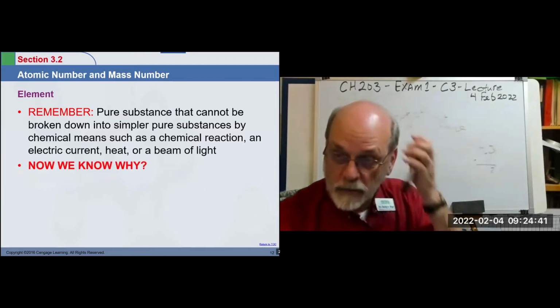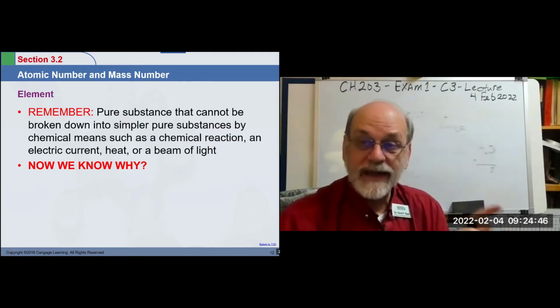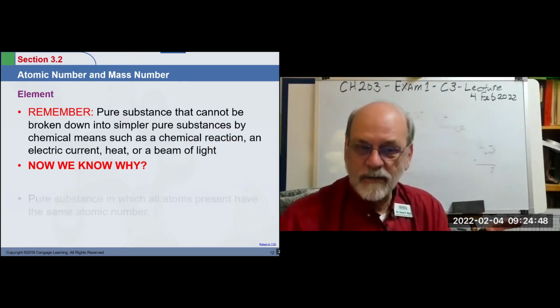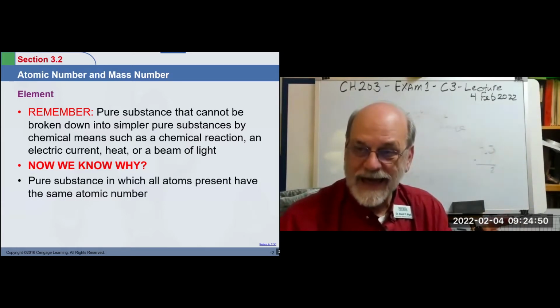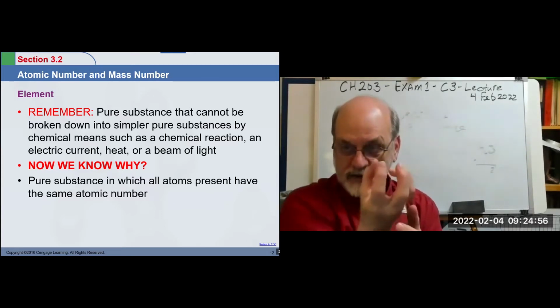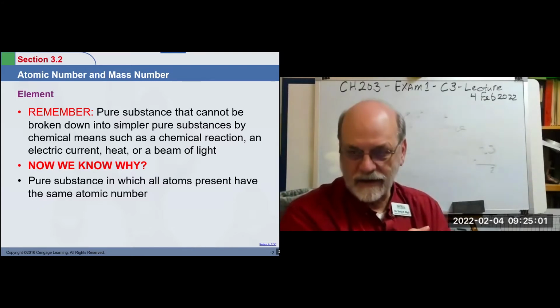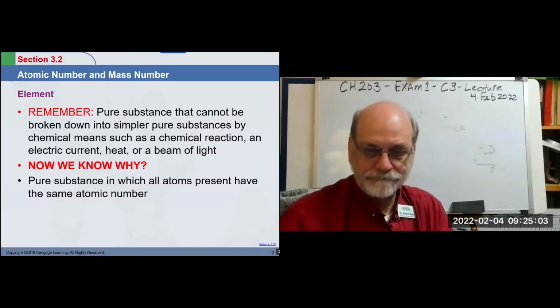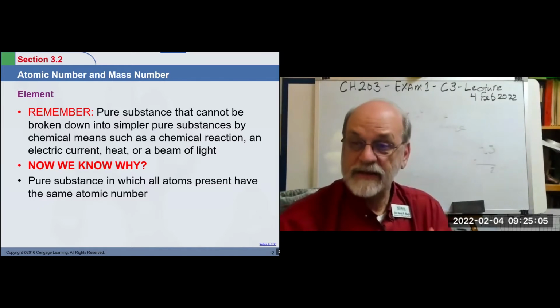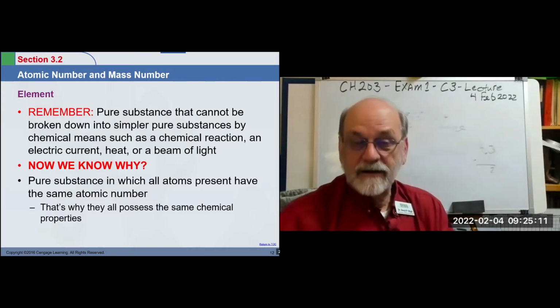And now we know the reason that that element cannot be reduced any further by chemical means, because elements are composed of individual atoms of the same kind. Every atom in a chunk of element is identical chemically. So that makes it a pure substance. Right?